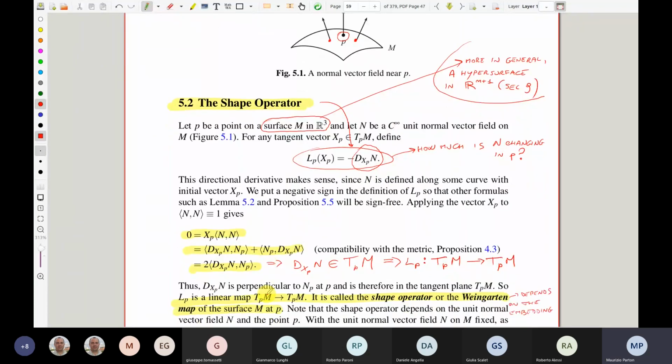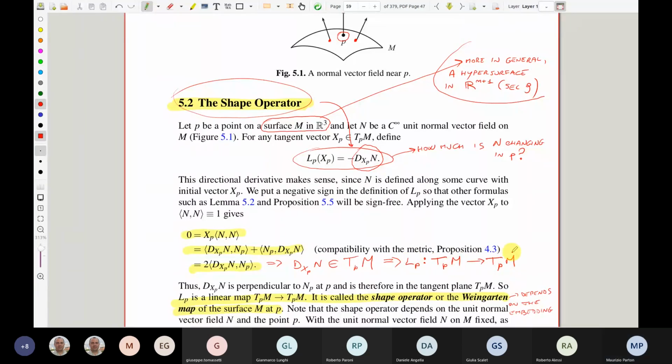And this is an important fact, because this means that if you call, okay, we just call this image, this vector, we denote it by the capital L, and we call it the shape operator. We are just saying that the shape operator is an endomorphism of the tangent space in the point.